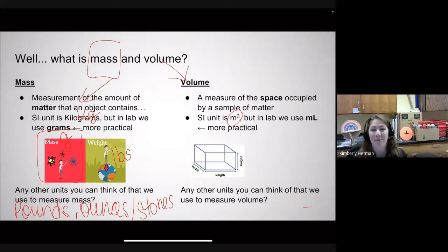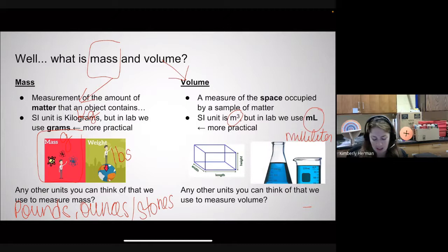In lab, we'll actually use milliliters, which is mL, because it's more practical. In chemistry, we're going to have a wet lab, so we're going to be using different glassware to measure out these milliliters. We might even see centimeters cubed, and then we have our milliliters in our glassware.